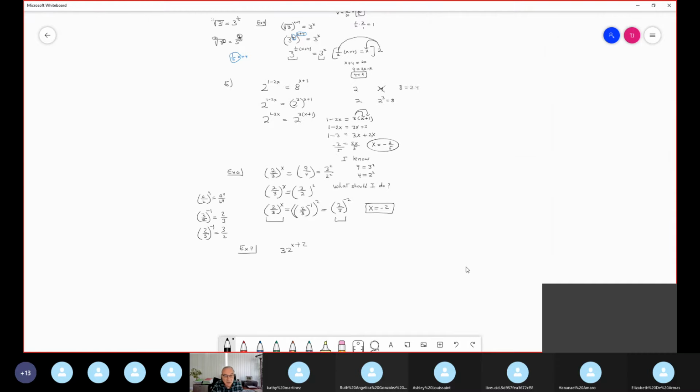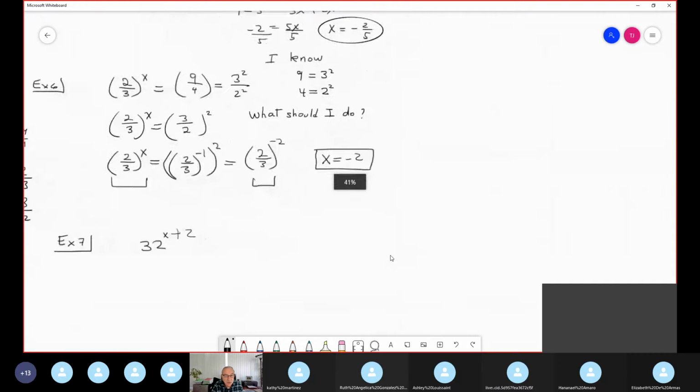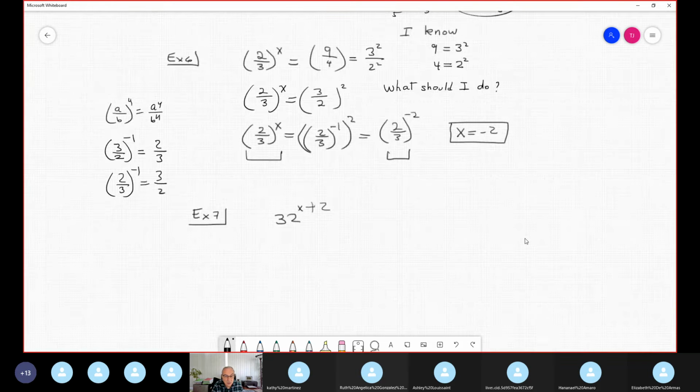You need the 6, only the 6. Okay. So 32 raised to the x plus 2 equal 16 raised to the 2 minus x.